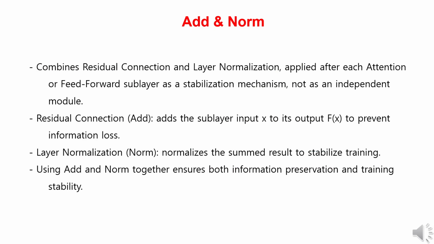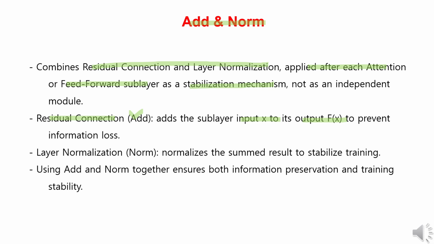Next, let's take a look at add and norm. This structure combines residual connections and layer normalization, and it is applied after each attention or feed-forward sublayer to stabilize training. First, in the residual connection, or the add step, the input x of the sublayer is added to its output f(x).